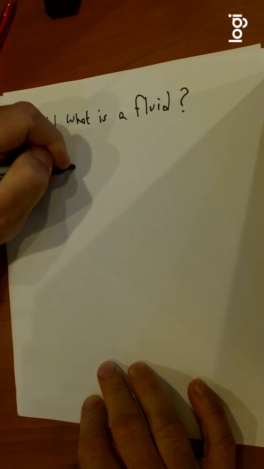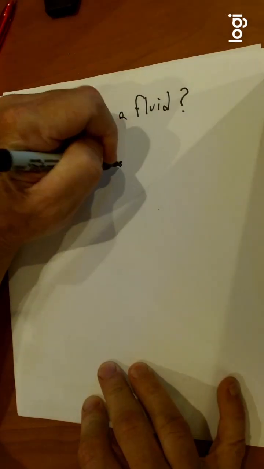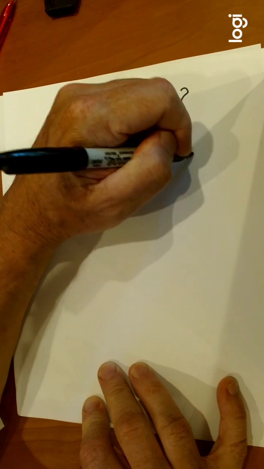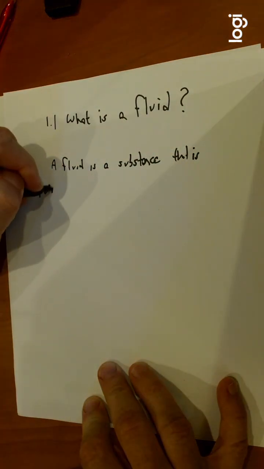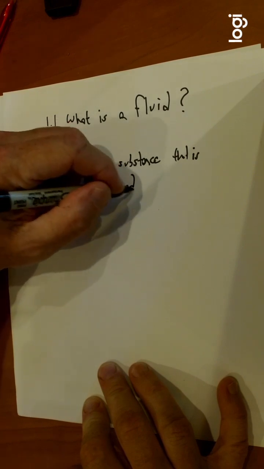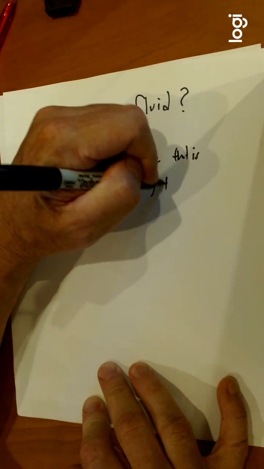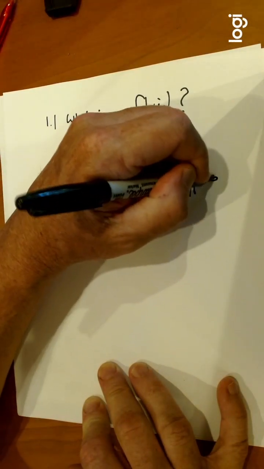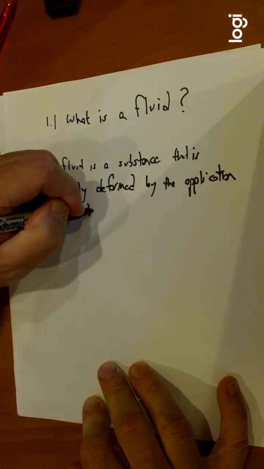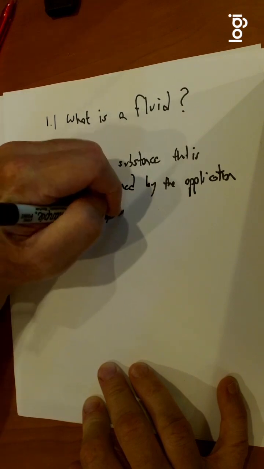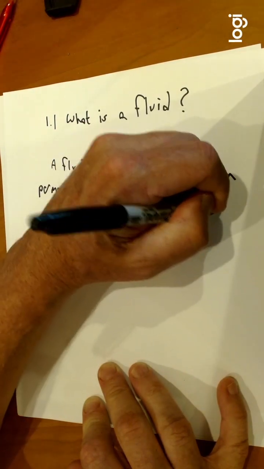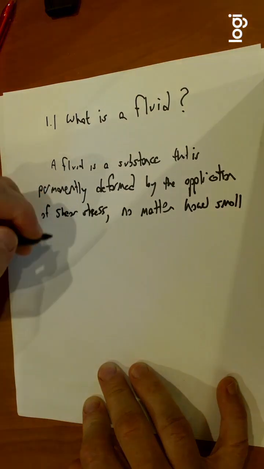A fluid is a substance that is permanently deformed by the application of shear stress, no matter how small the stress is.